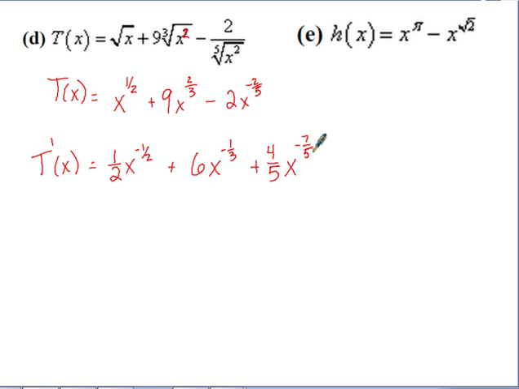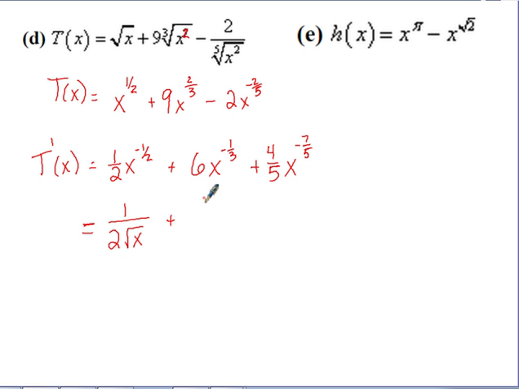Does that make sense? So this 1/2 is going to go down to the bottom, but I got to switch it back to a radical. Can you tell me what it's going to be? Square root of x, right? So it's going to be 1 over 2 square root of x, because that 2 is already there at the bottom, right, with that 1/2. Is everybody with me? What about the next one? Does the 6 go to the bottom?